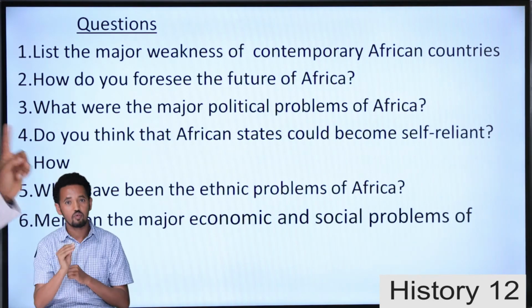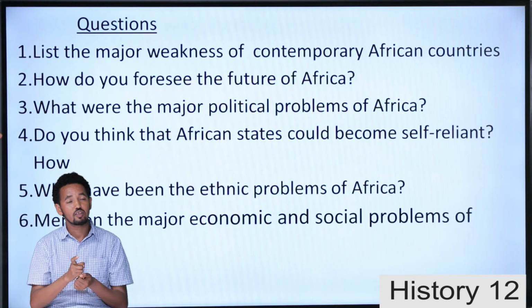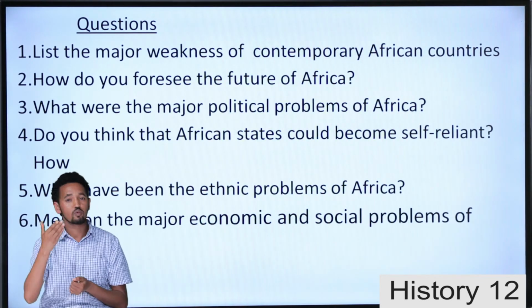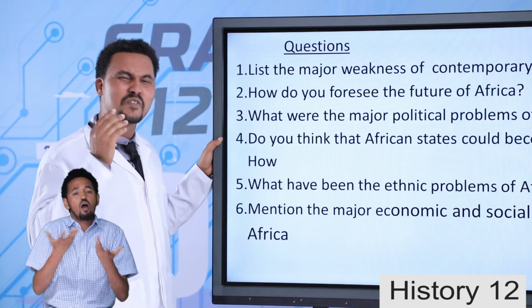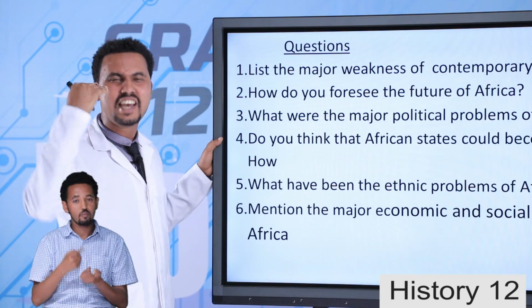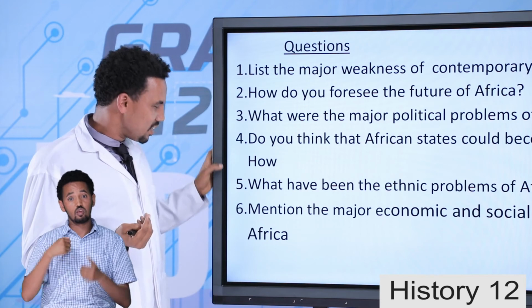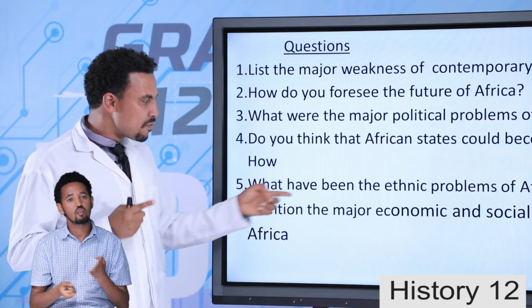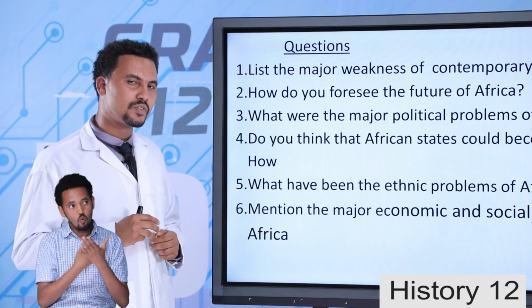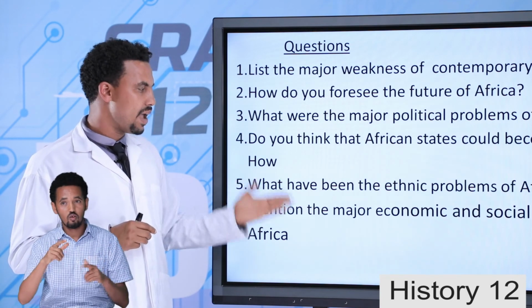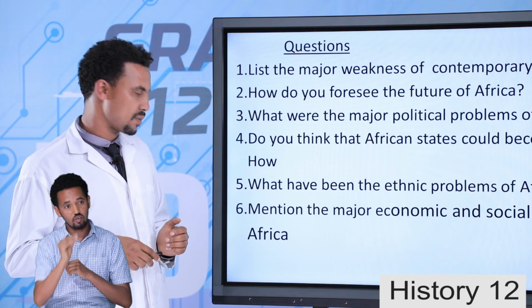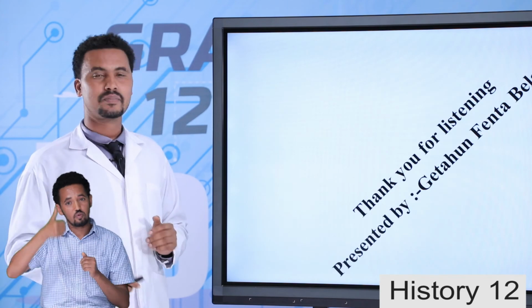The fourth question, do you think that the African states could be self-reliant? How? As you are an African student, how can Africa become a self-reliant continent? The fifth one, what have been the ethnic problems of Africa? The last question, mention the major economic and social problems of Africa.